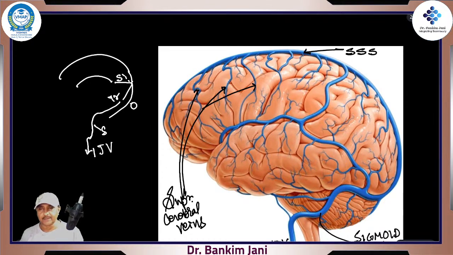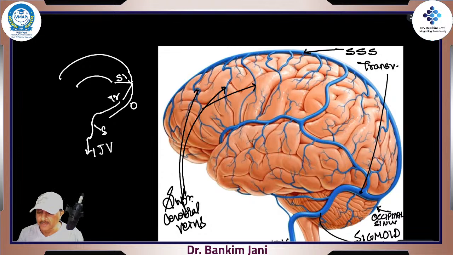And something going on the occipital bone, in the center, dividing the cerebellum into two halves, that is the occipital sinus, correct? And going on both sides, this one is the transverse sinus.